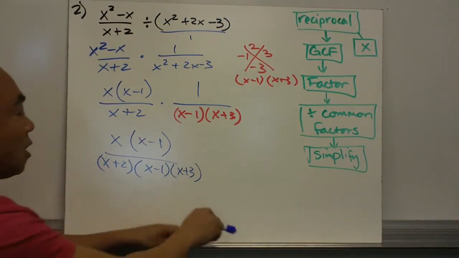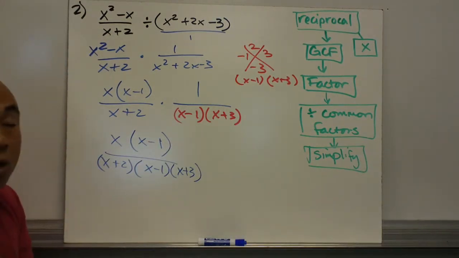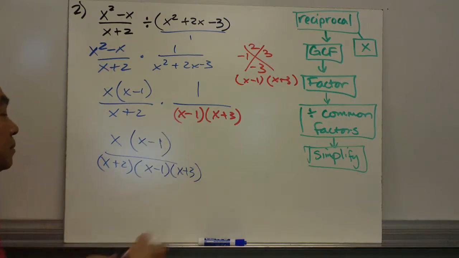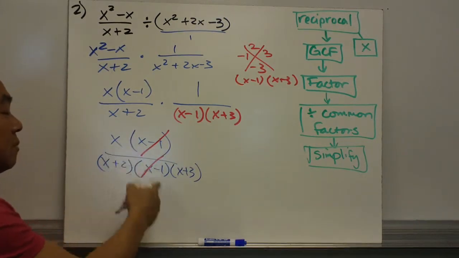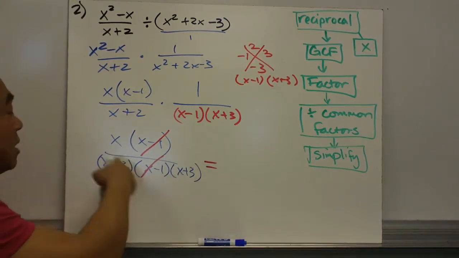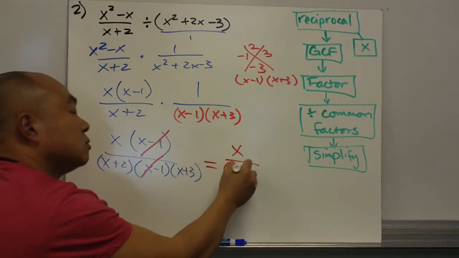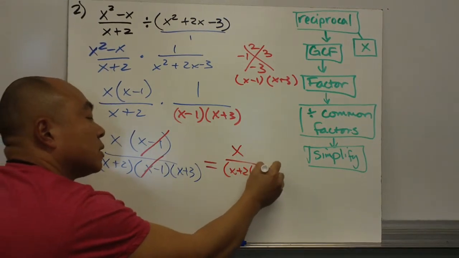And then all we're going to do now is we're going to go ahead and factor out your common by dividing. So that and that are the same. My answer is, after I'm done simplifying, if I have anything to simplify, is just going to be x on the top, and that'll be x plus 2 and x plus 3.